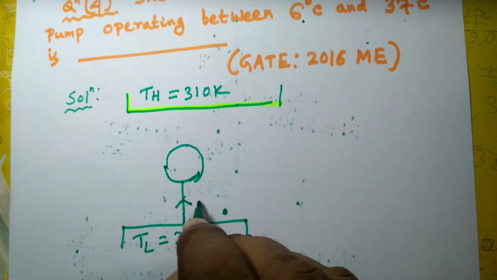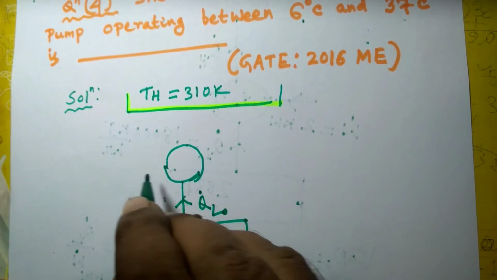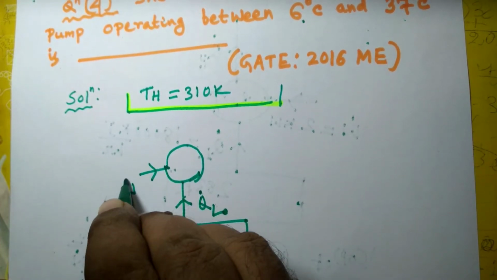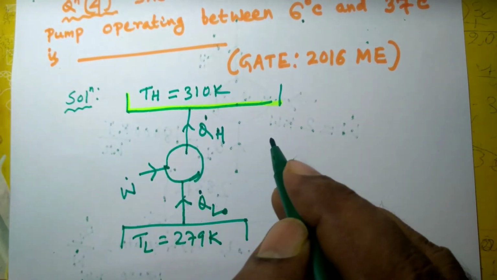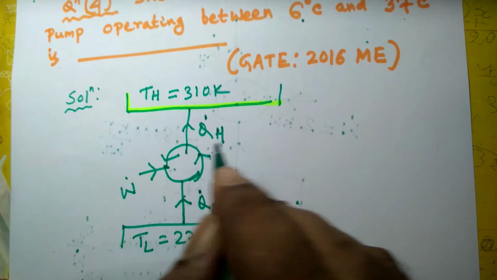Suppose this is Q dot L, this is W dot, this is Q dot H, but we have to calculate the COP of the Carnot heat pump.